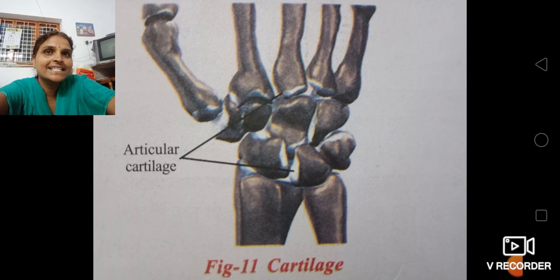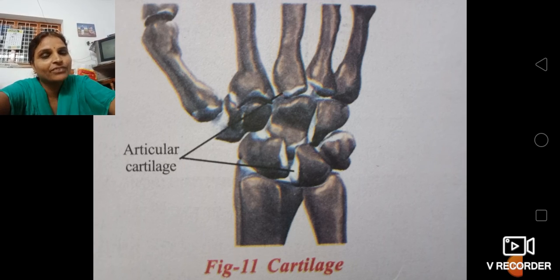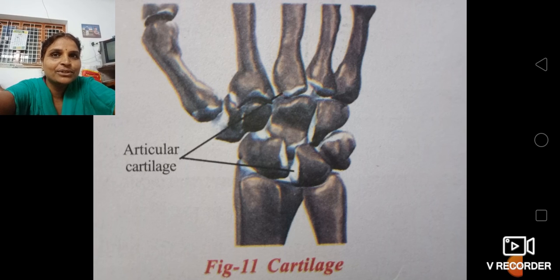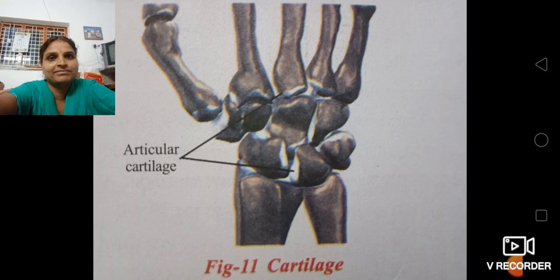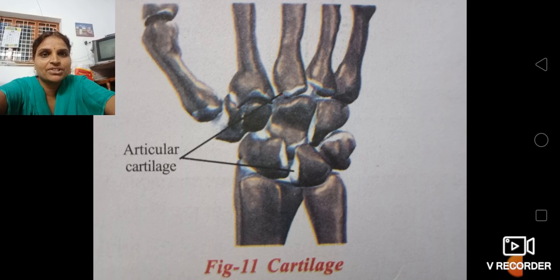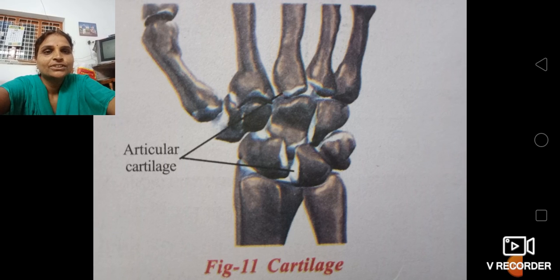Tendon is a type of connective tissue which is also made up of fibers. The tendon joins the muscle to the bone. It is also made up of collagen. This is the connective tissue information. Understood, all of you? I hope all have understood.